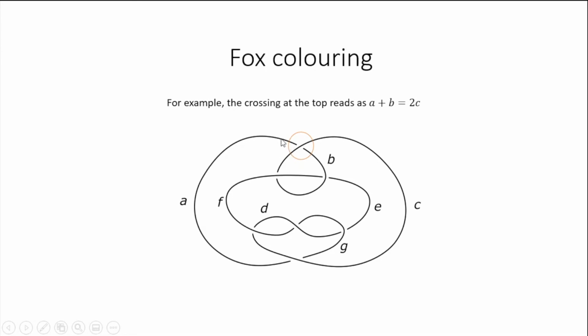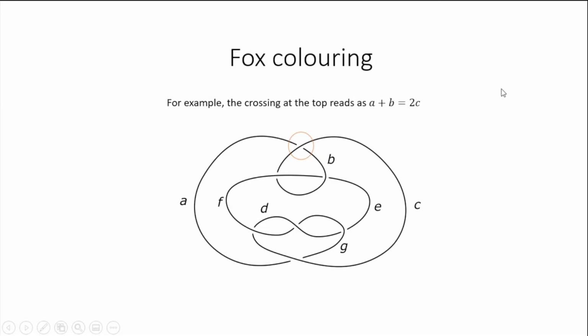So here on the northwest you have A, in the southeast you have B. So write on one side of the equality A plus B, and what passes over this crossing? It is C. So in the southwest you have C, in the northeast you have C. So write C plus C, which is equal to 2C on the other side of the crossing, and do exactly this for each crossing.